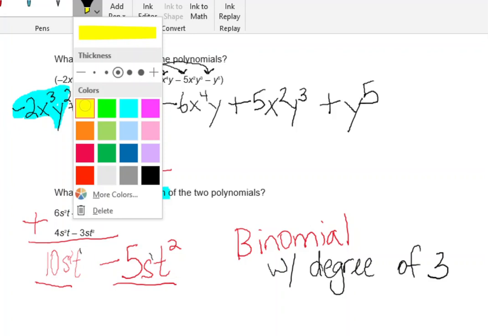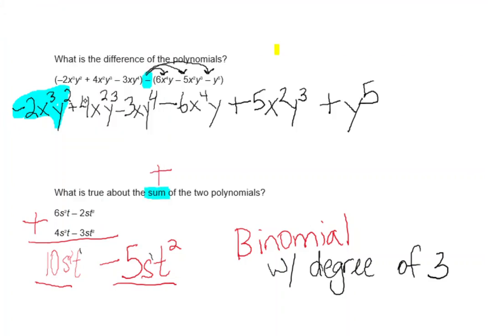So let's look for terms that are the same as positive 4x squared y cubed. So that's a 2 on the x and a 3 on the y. No, no, yes, positive 5x squared y cubed, because they have the same exponents and variables.